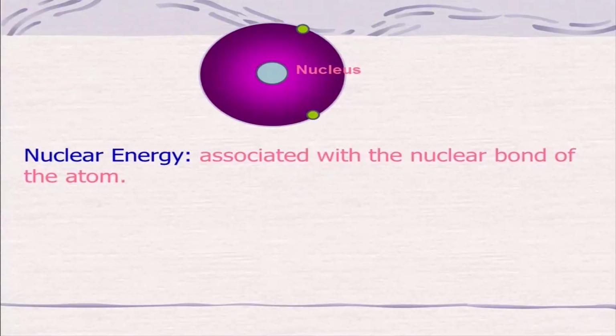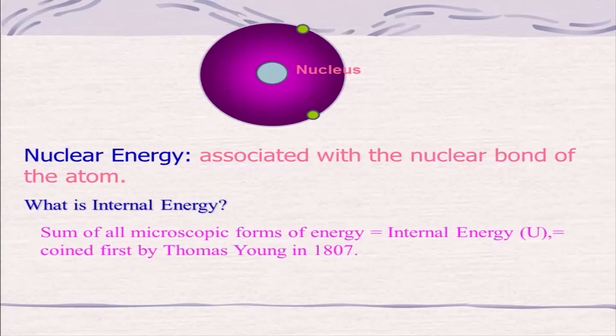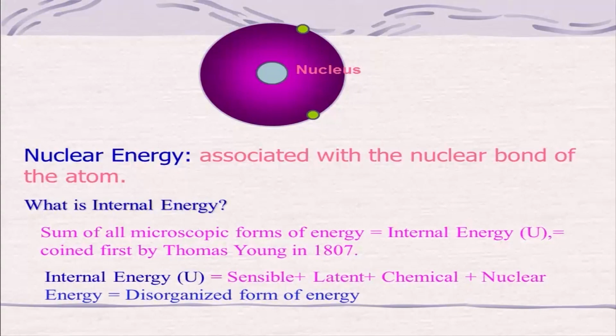And then of course, to sum up, all the microscopic forms of energy that we have discussed till now are basically internal energy, a term coined by Thomas Young in 1807. Internal energy is basically sensible, latent, chemical and nuclear energy, right?